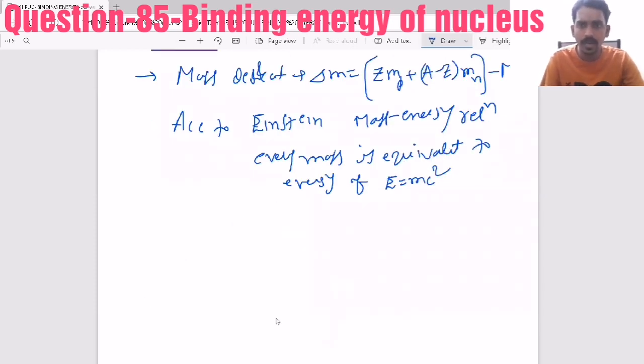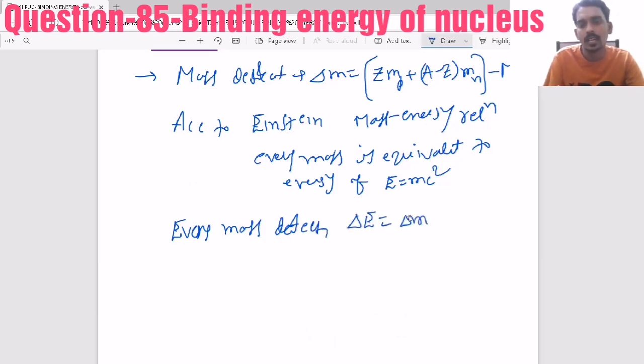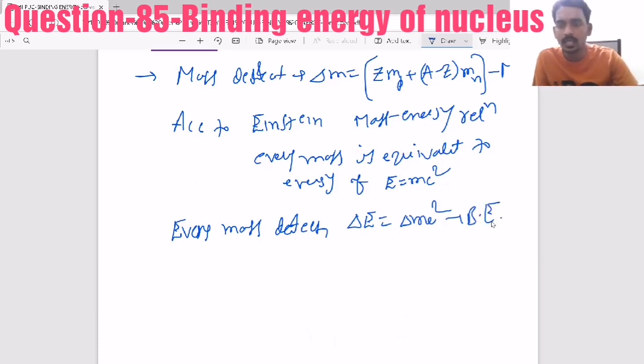So every mass defect is also equal to some energy, that is delta m c square. This is called binding energy: the energy required to break the nucleus into its constituents, or the energy released when all the nucleons combine to form the nucleus. That we call binding energy.